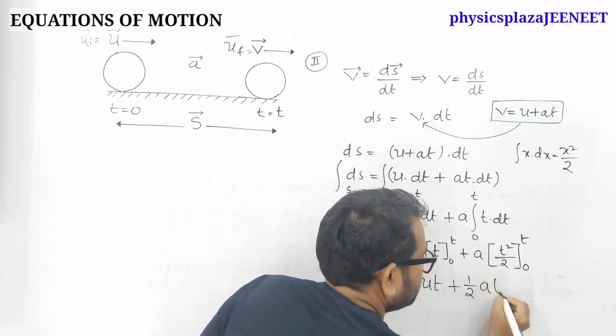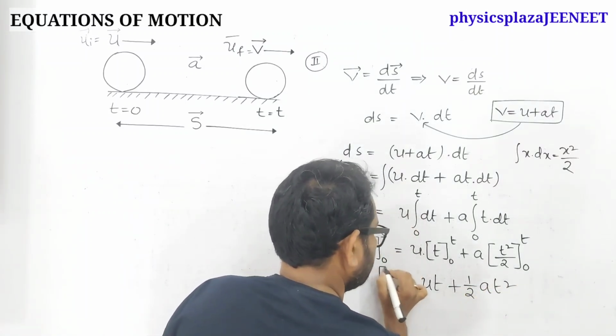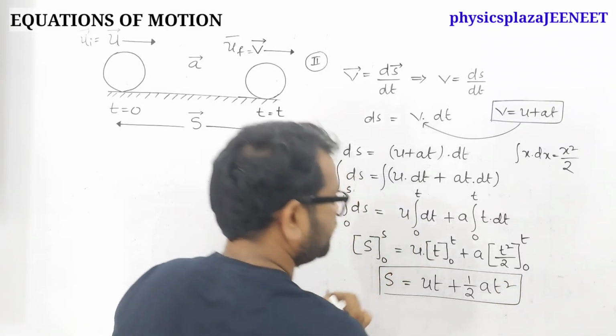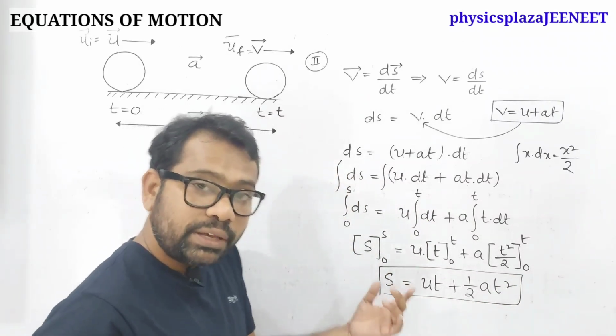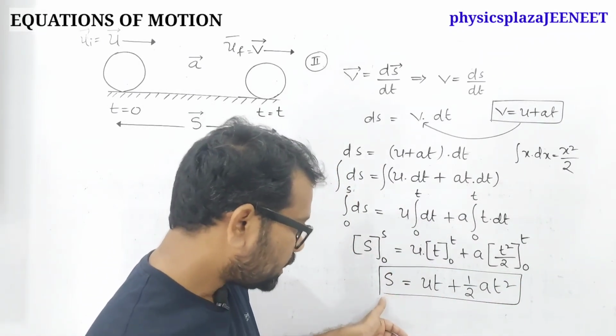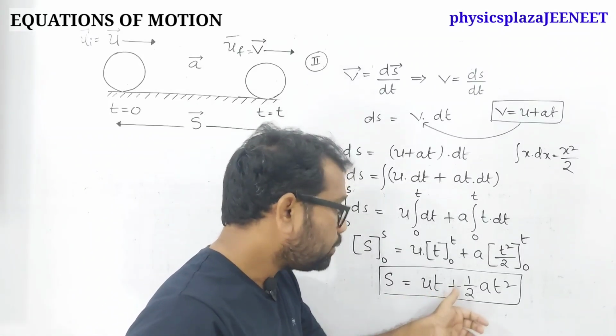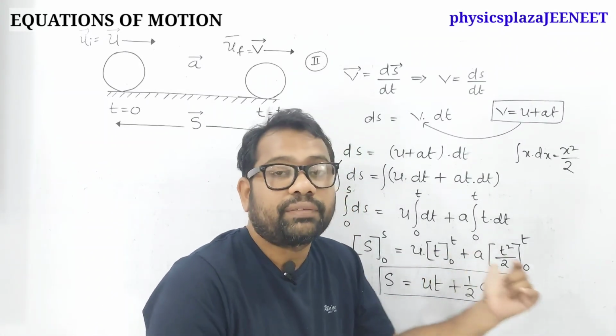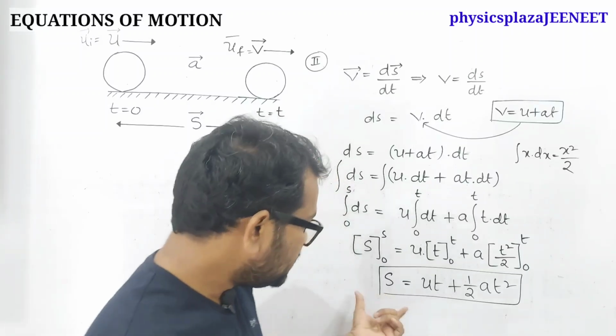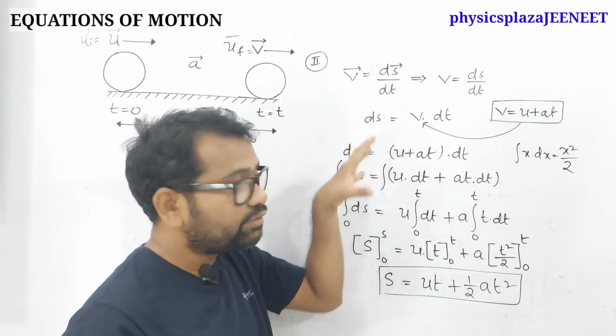So children, this is the displacement travelled. This gives a relation between displacement, initial velocity, time and uniform acceleration. Here nowhere is final velocity involved. So this is actually the scalar form of the second equation of motion.